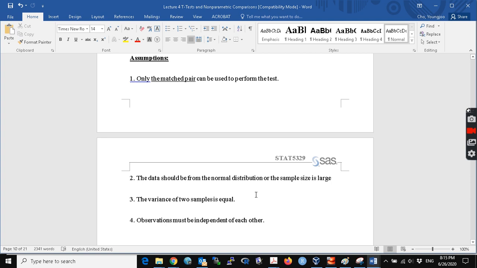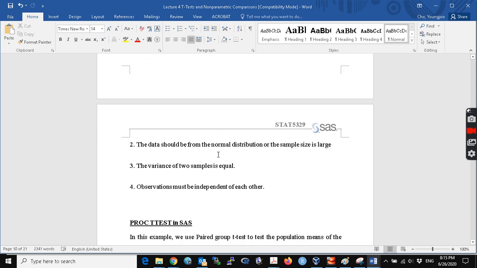The assumptions are, first, only matched pairs can be used. If you have a different number of observations on these measures, then you cannot do this paired t-test. And the variances of the two samples are equal.